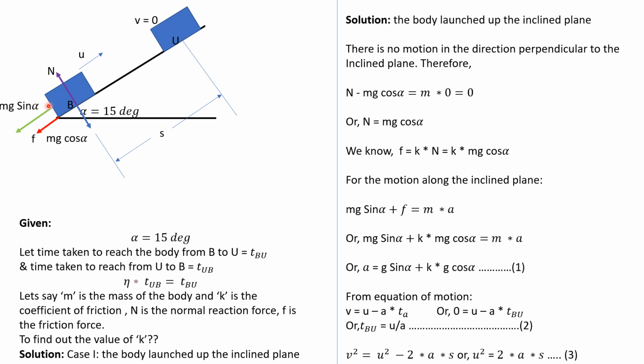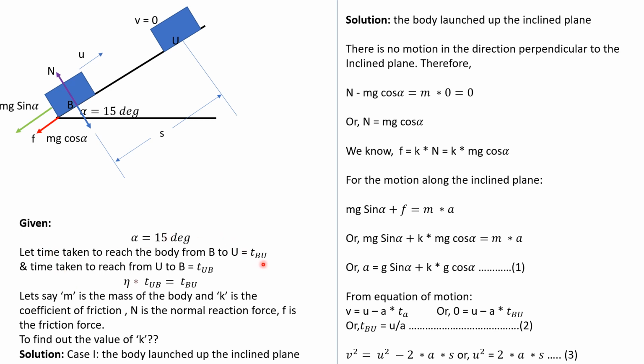Why? Because the component of gravitational force and the friction force act against the motion of the object, retarding it. Therefore the object has to stop after reaching a certain distance, that distance is s. So v is equal to 0 when it reaches U.